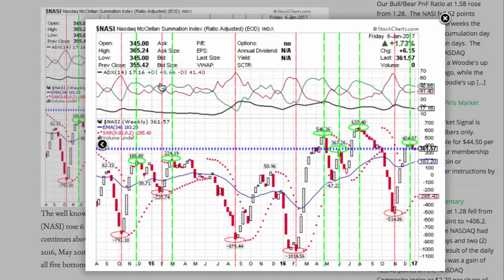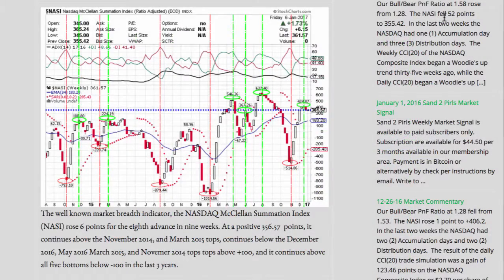The well-known market breadth indicator, the Nasdaq McClellan Summation Index, rose 6 points for the 8th advance in 9 weeks, at a positive 356.57 points.